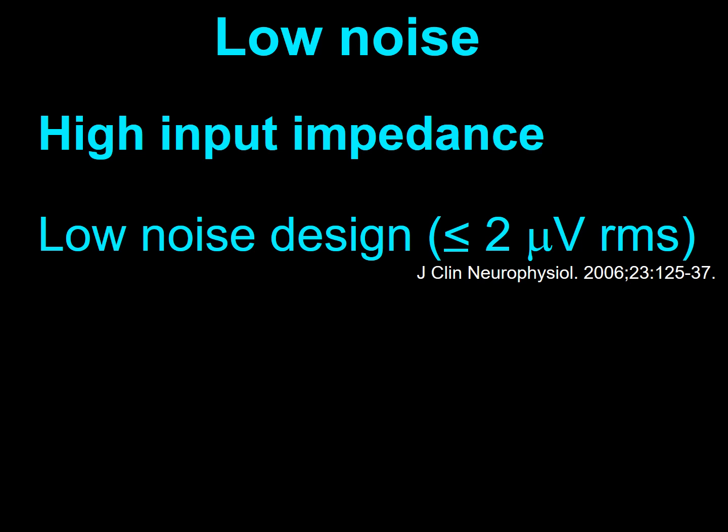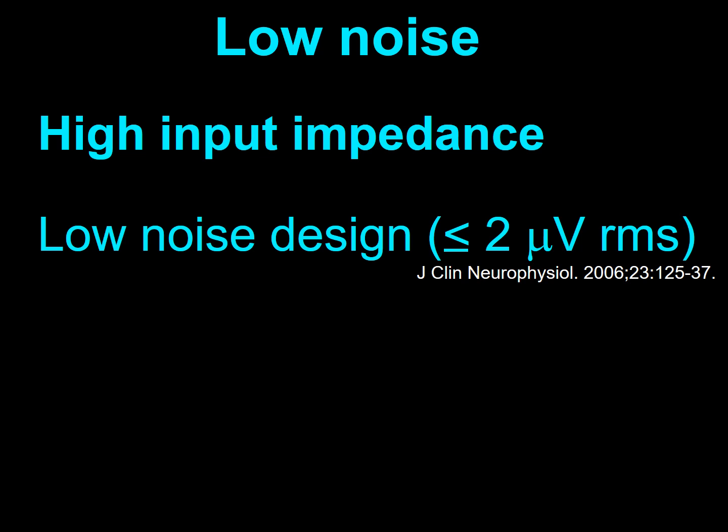Current specifications are for noise level produced by an amplifier not to exceed 2 microvolts RMS with the input connected to a neutral and with a band pass of 0.1 to 5000 Hz.